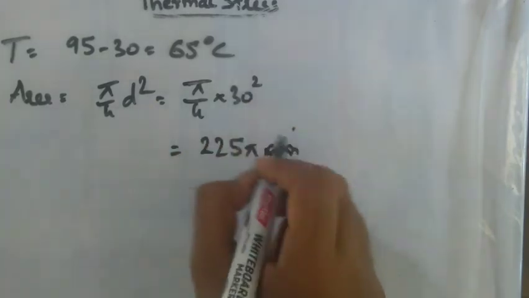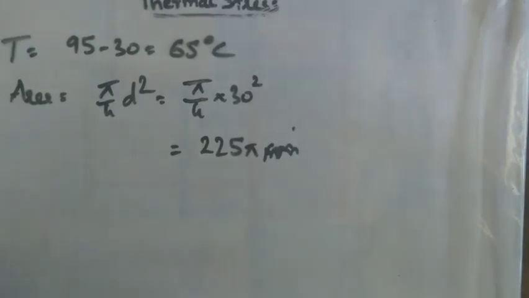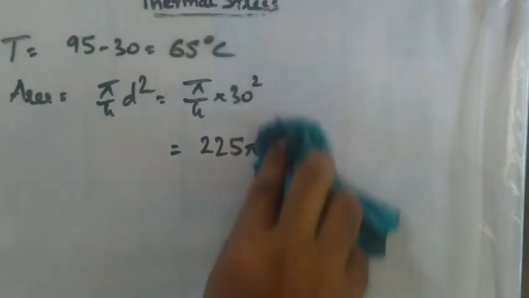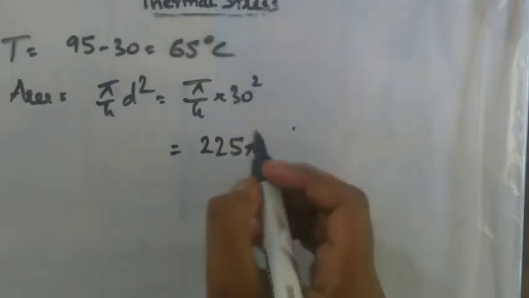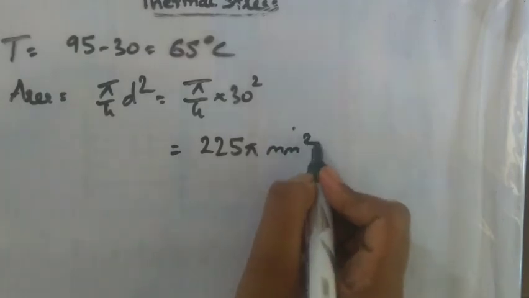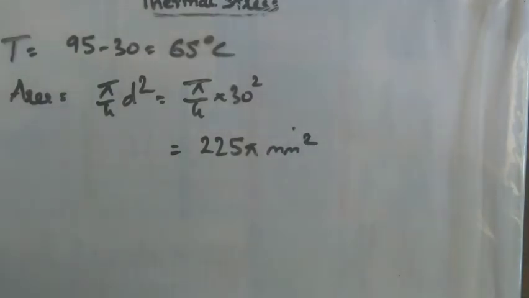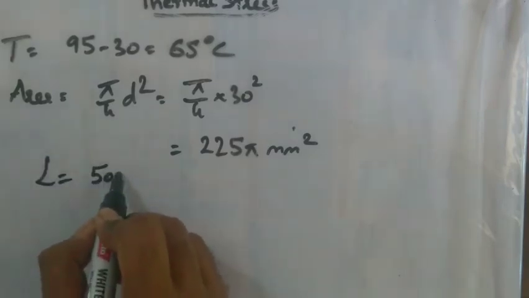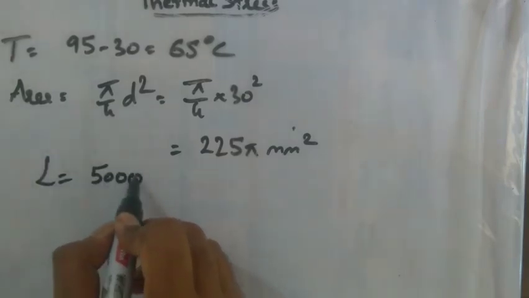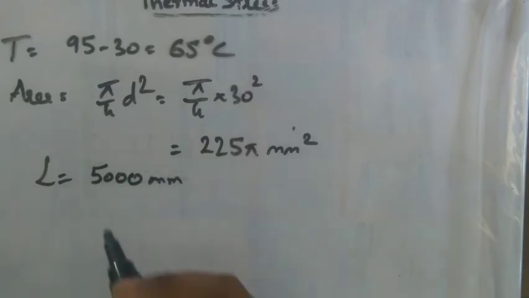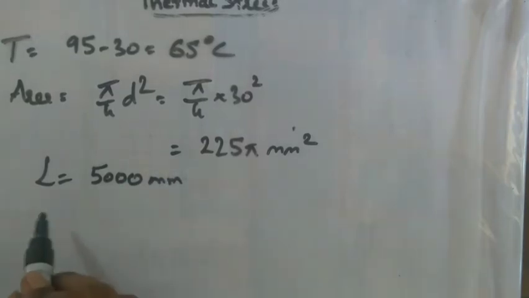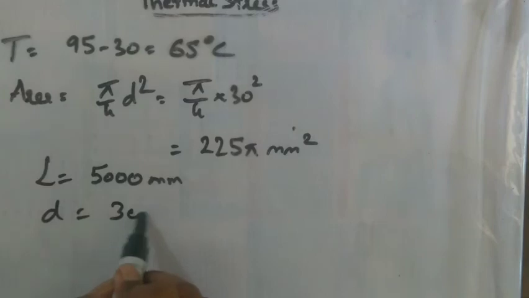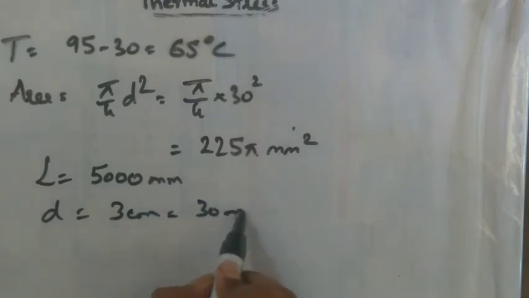The length of the rod L is 5 meter, so 5000 mm. Diameter 3 centimeter is 30 mm.